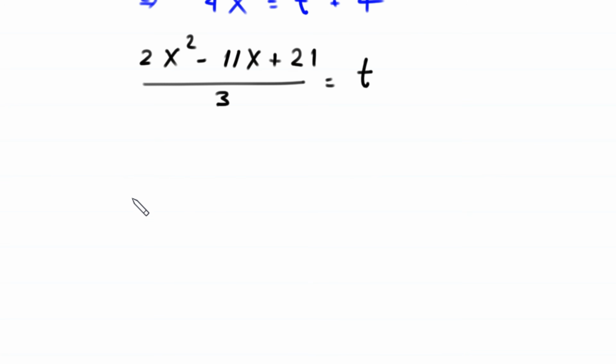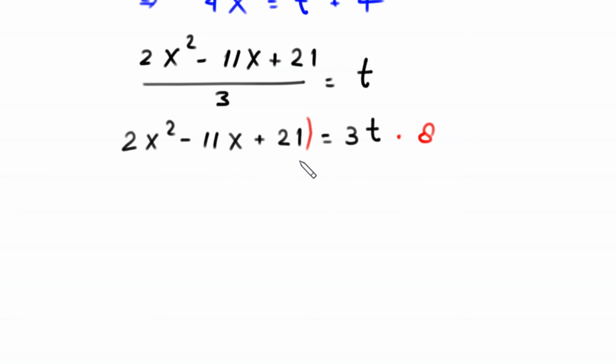If we multiply both sides by 3, this will become 2x squared minus 11 times x plus 21 equals 3 times t. Now to make all the terms a multiple of 4, we multiply both sides by 8.